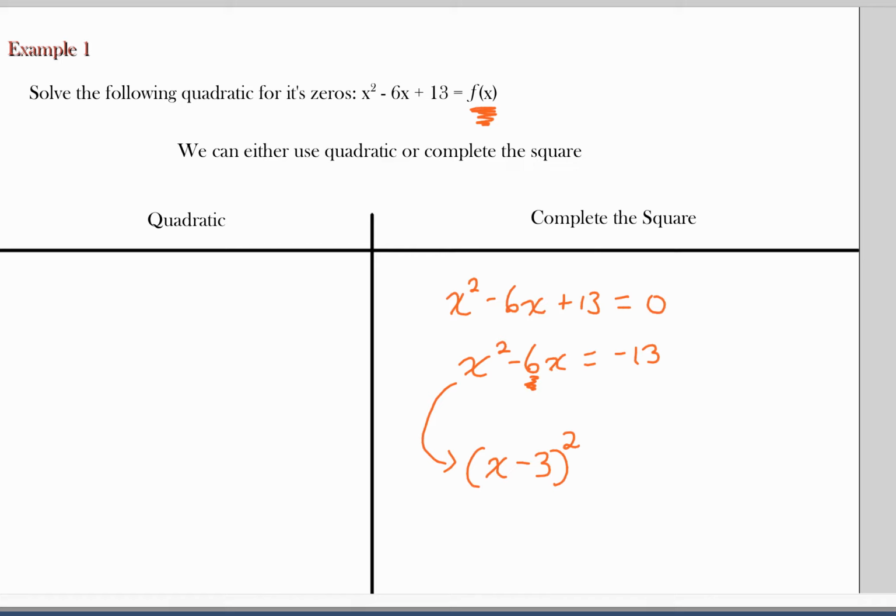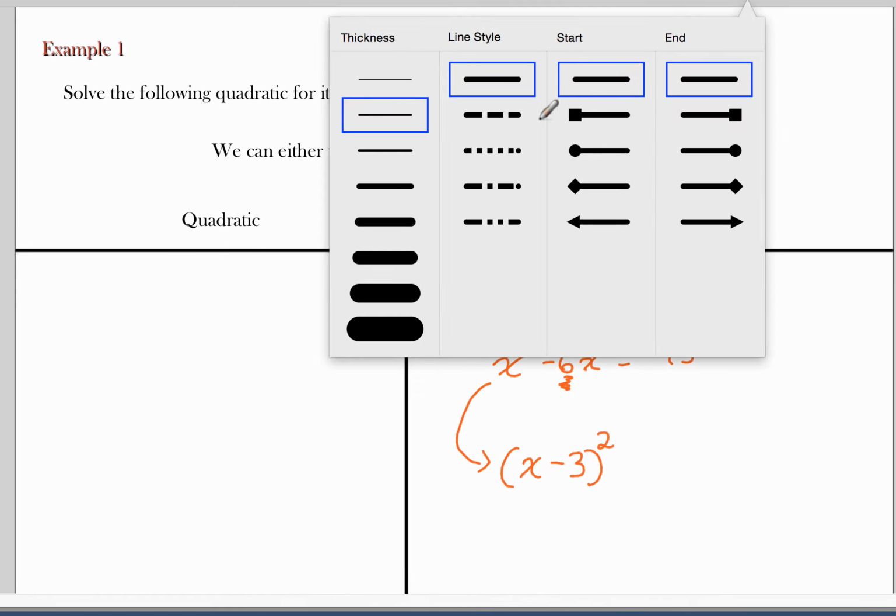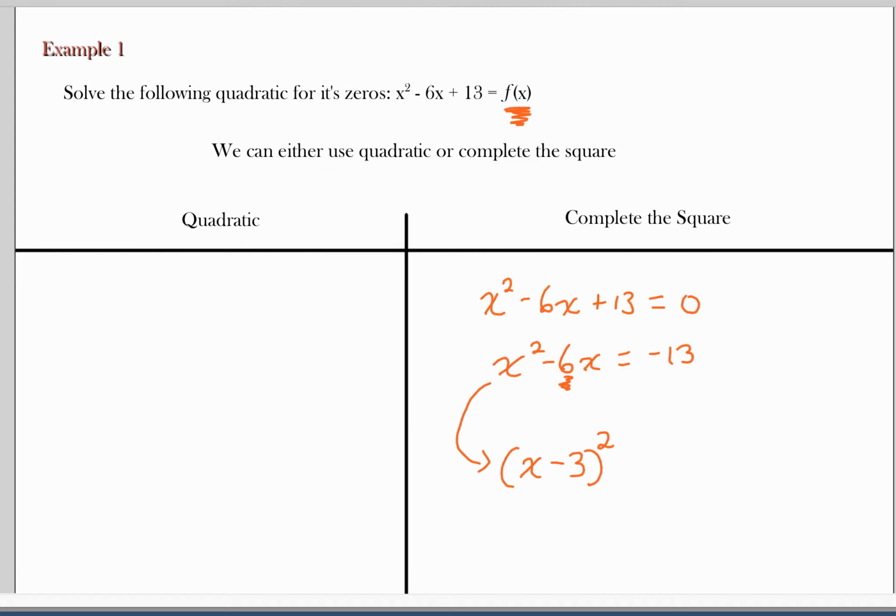Now, in my mind, again, this is a shortcut. This is how I see it. I see that negative 3 squared is positive 9. So in my mind, I know I had to have added 9 onto this side. That's how it was x minus 3 quantity squared. Negative 3 plus 9 is negative 4. So I'm left with x minus 3 quantity squared equals negative 4.